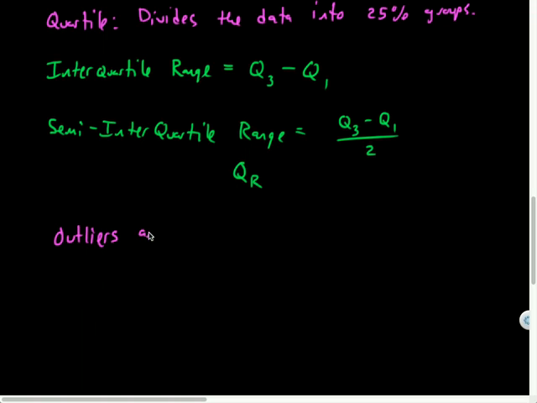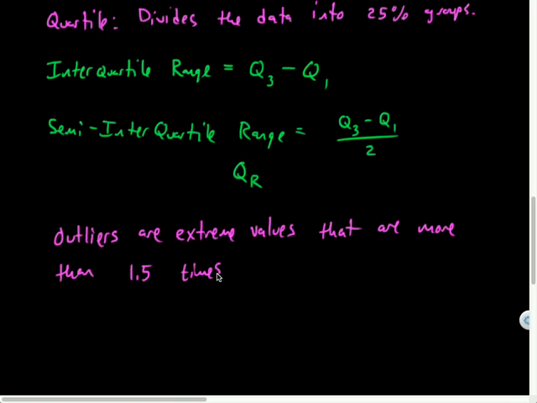Outliers are extreme values that are more than 1.5 times, it seems like a very arbitrary fact.